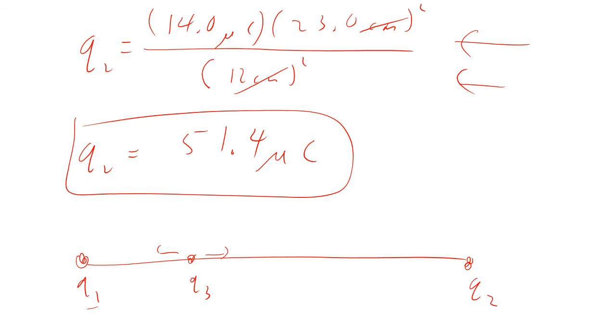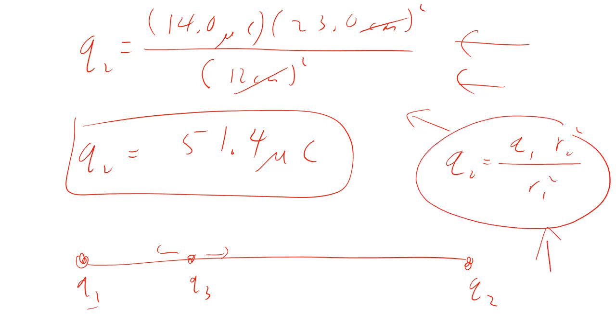What happens? Well, look at the equation here. What's the equation? Q2 equals Q1 times R2 squared over R1 squared. If you change Q3, what happens? There is no Q3 in the equation. You can make Q3 anything you want, and it makes no difference.